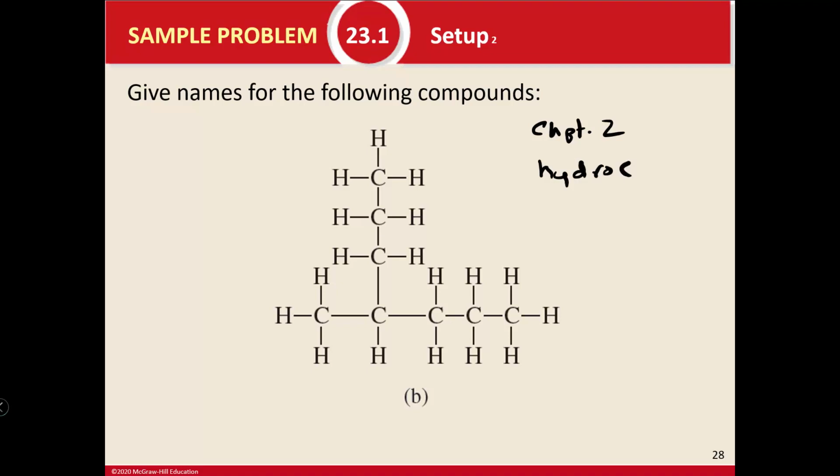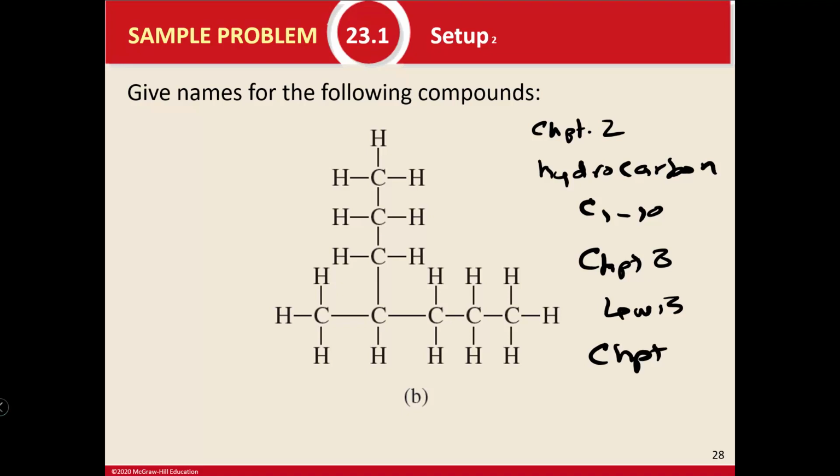Methane, propane, butane, up to decane. Carbons 1 through 10. In chapter 8, you have to be able to do Lewis structures. In chapter 9, you have to be able to do geometries, and you have to be able to do hybridization.